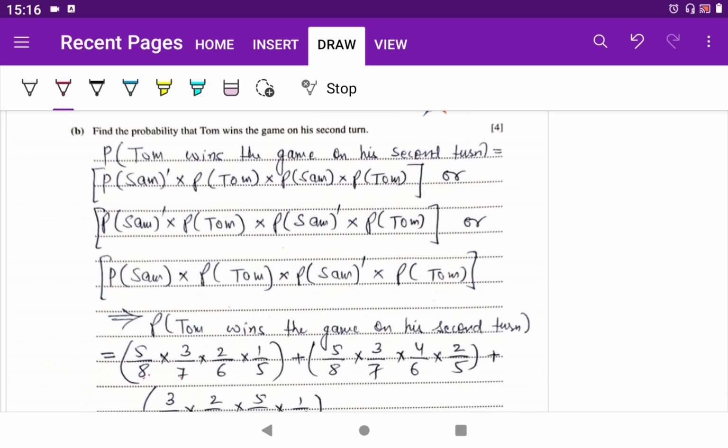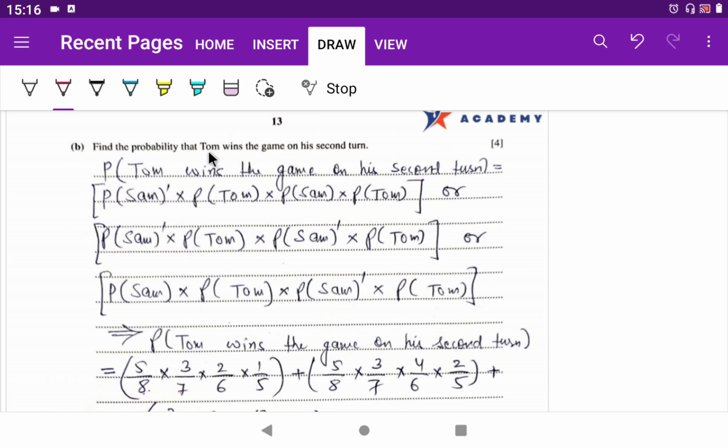Now part B. Find the probability that Tom wins the game on his second turn. So the possibilities are: Sam didn't get the red disc, Tom gets the red disc.